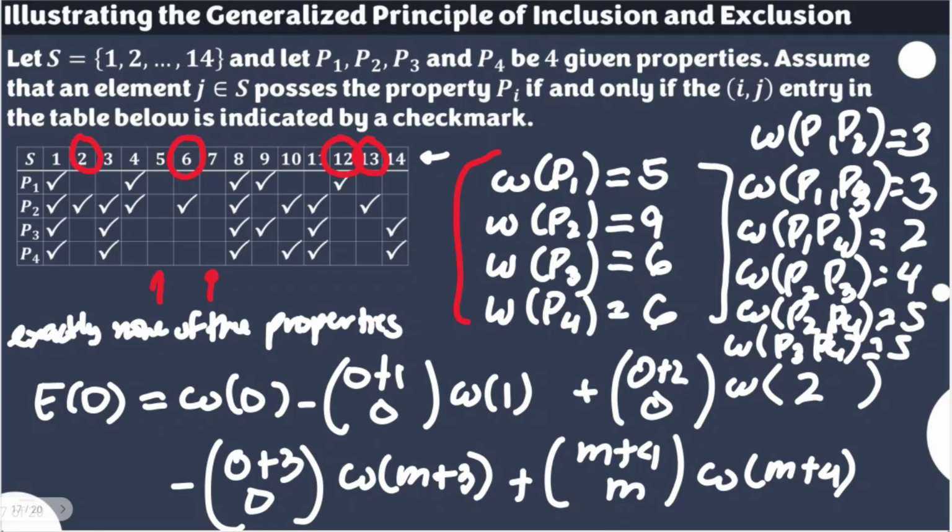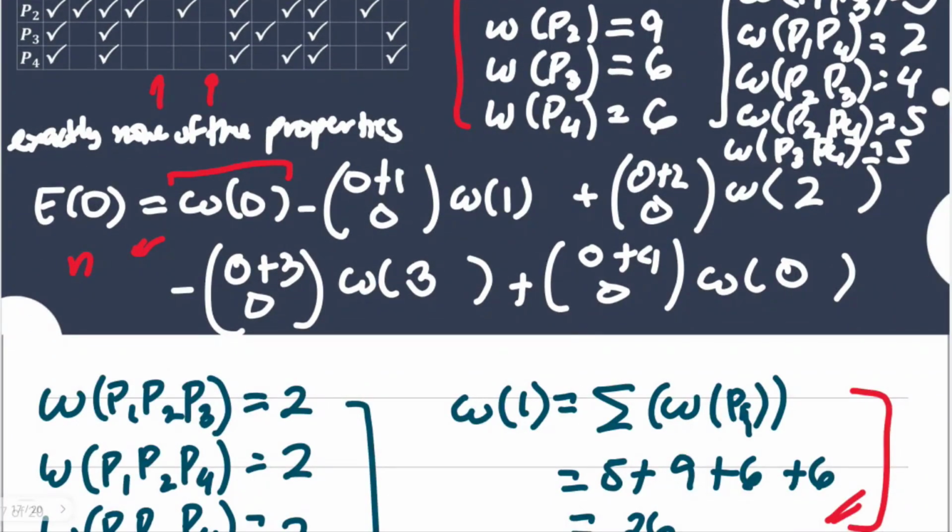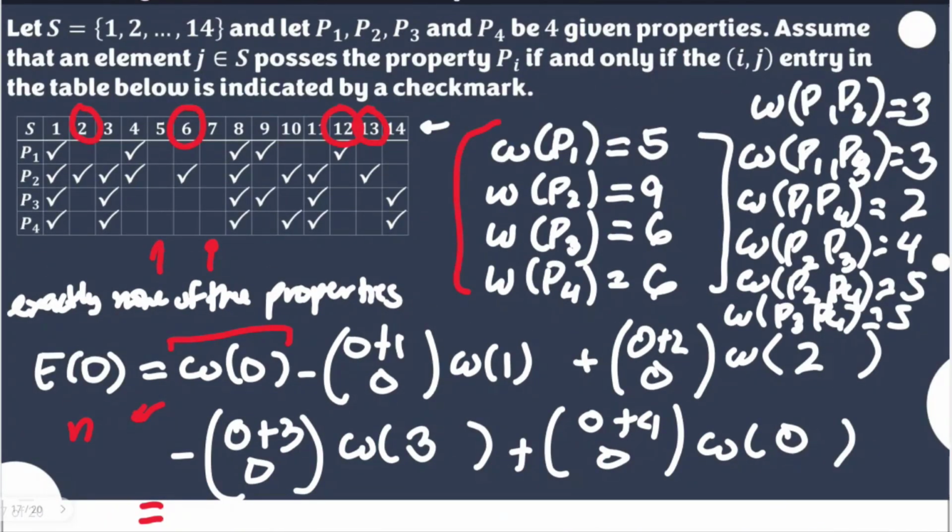So this is now omega of 3. And then you have here 0 plus 4. And yes, this time the omega of 4 can be used because we started with 0. Now, take note, in the previous discussion, when you have something like this, it's just equal to n. So this is actually equal to your n. How many are they? 14.